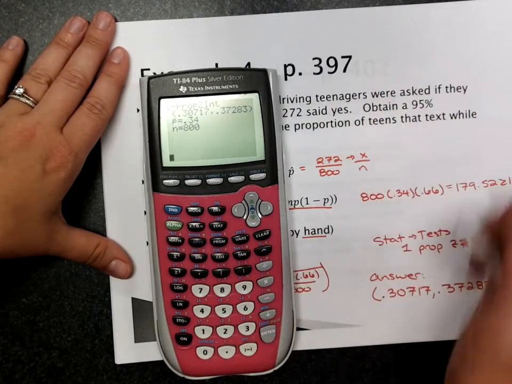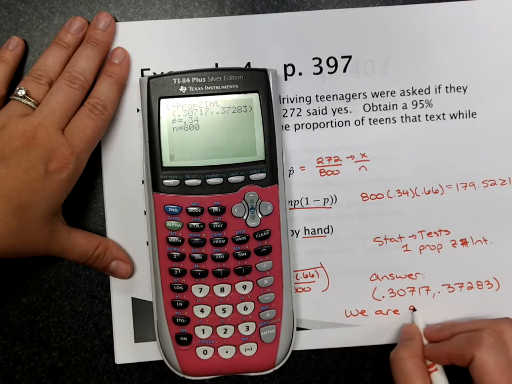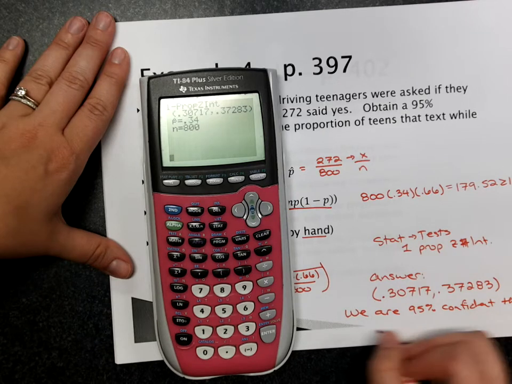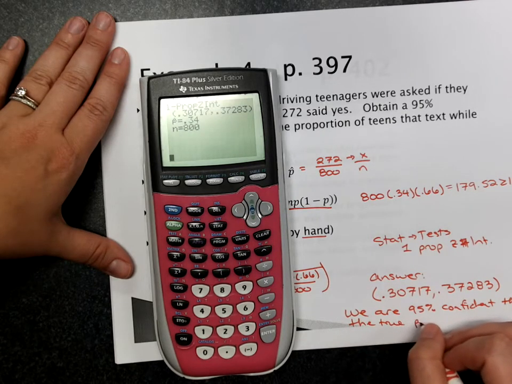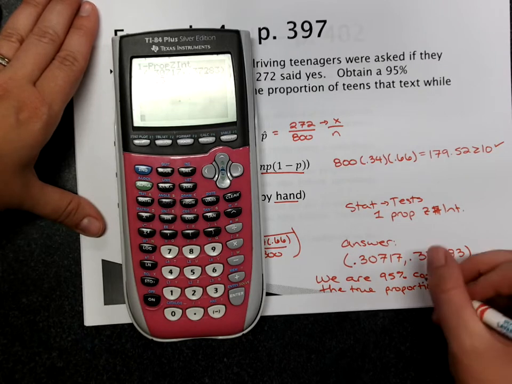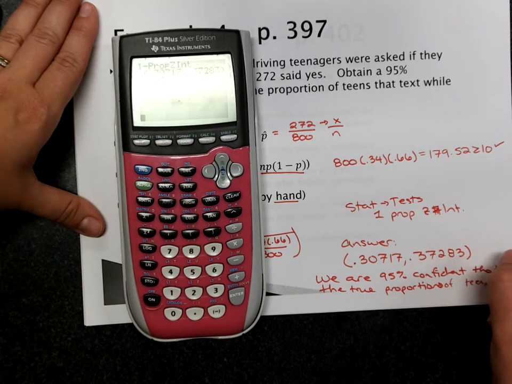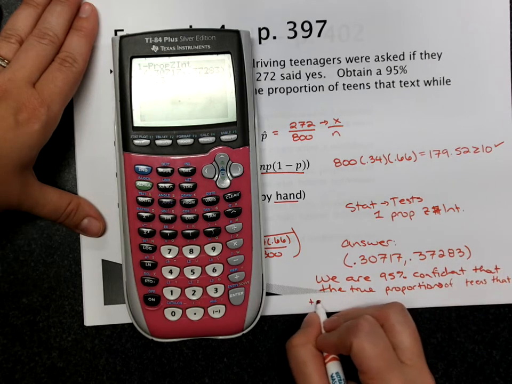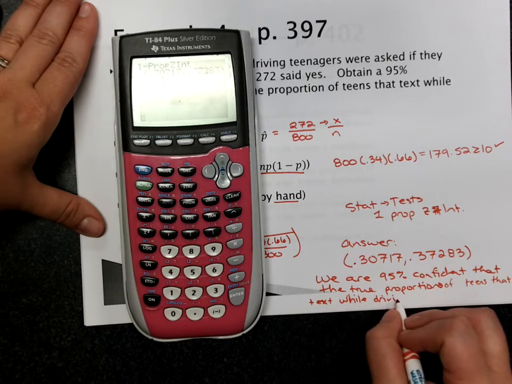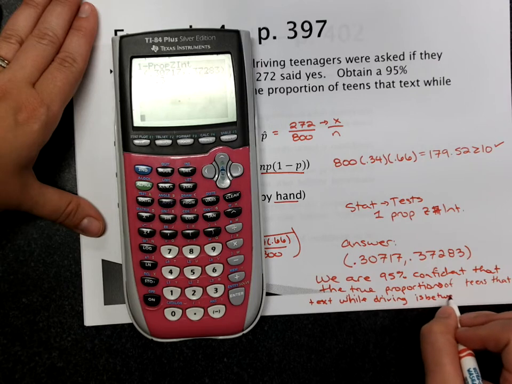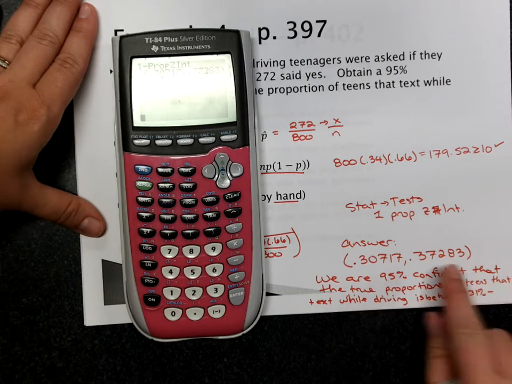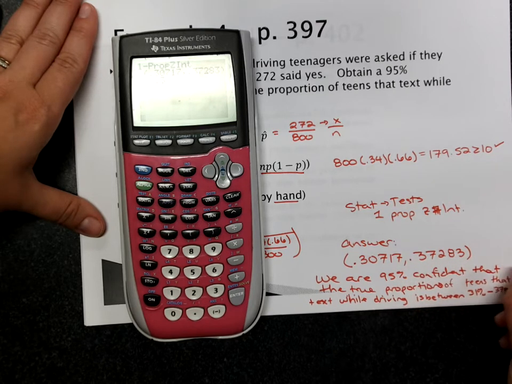Putting this all together in context, we would say we are 95% confident that the true proportion of teens that text while driving is between, and we would round this off, so 0.30717 is about 31%, and 0.37283 is about 37%.